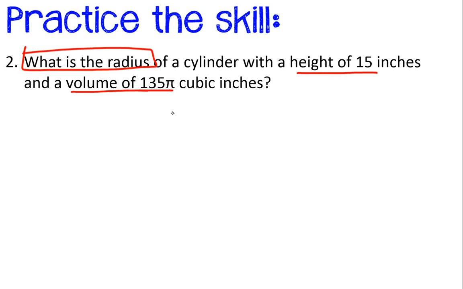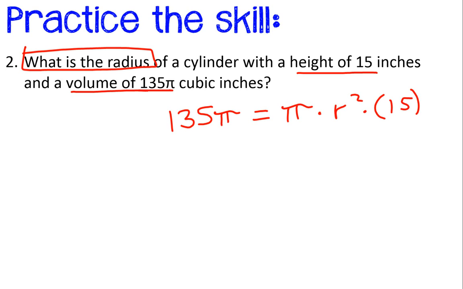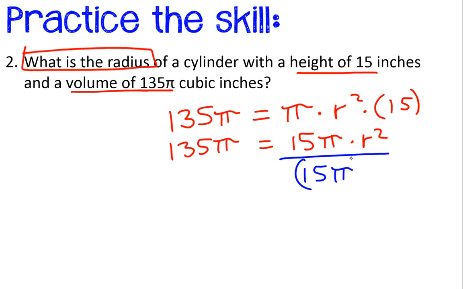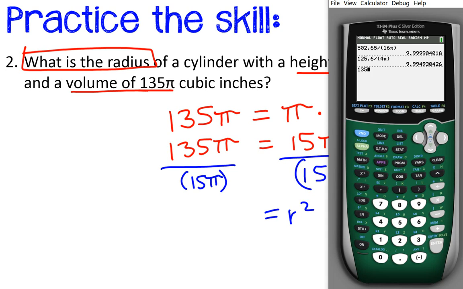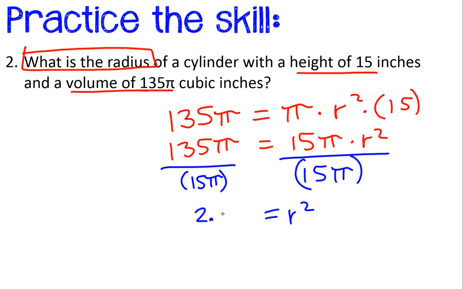What is the radius? So let's see, 135 divided by 15 pi equals 2.864. 2.9.